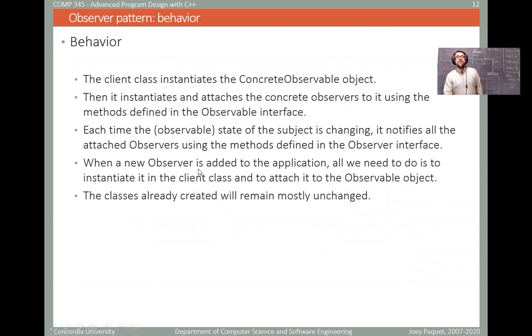So when a new observer is added to the application, all you need to do is to instantiate it in the client class and attach it to the observable object. So it's a question of creating your map, creating the window, and then connecting them together so that the communication will happen when the state of the map is changing.